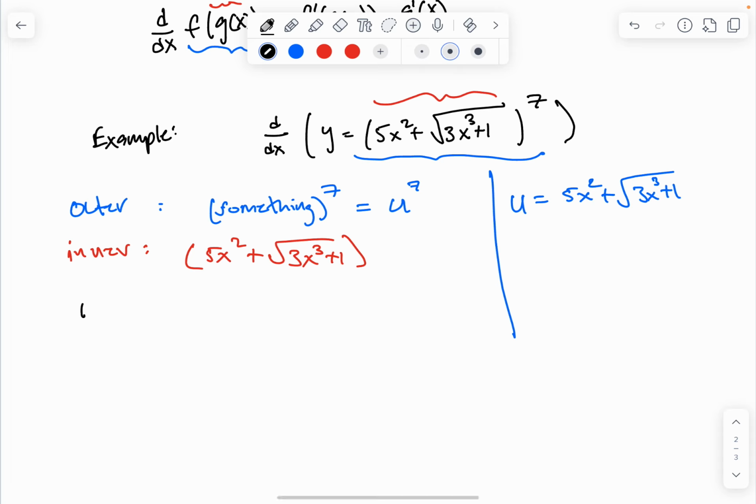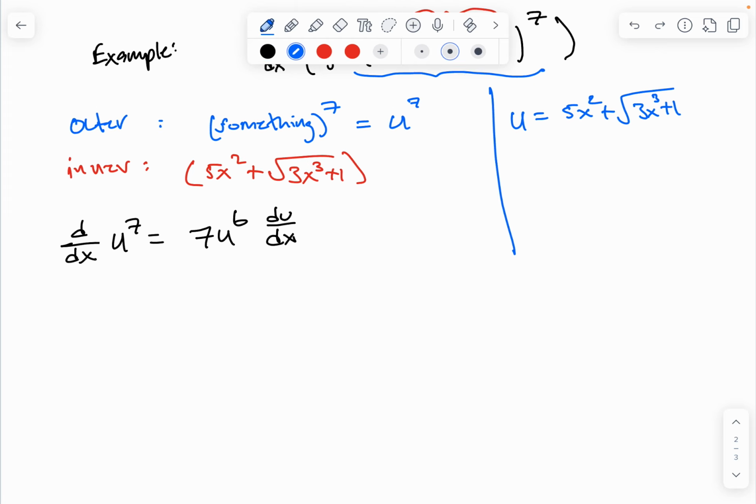So d dx of u to the 7th is equal to 7u to the 6th du dx. It's very important to apply this du dx because it signifies that we still need to take the derivative of u, and u itself is a separate function. But for now, this is our outer. I'm going to put a little prime up there, our first outer thing.